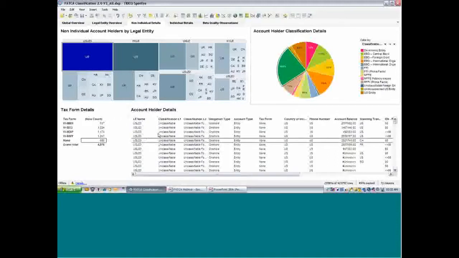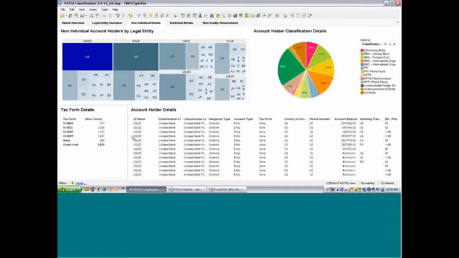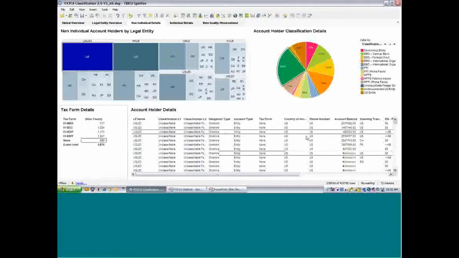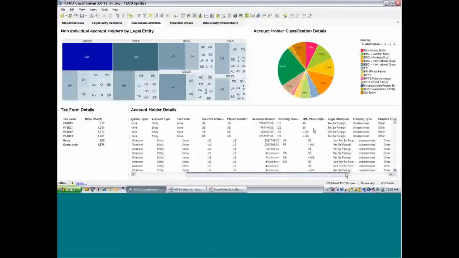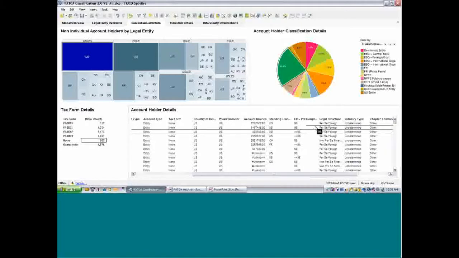And if we want to come in further and look at some of the details, here we have a breakdown of all 4,900 clients in this section of unclassifiables, where we can start to look at perhaps their account balance, some of their more intimate details that aren't shown here.